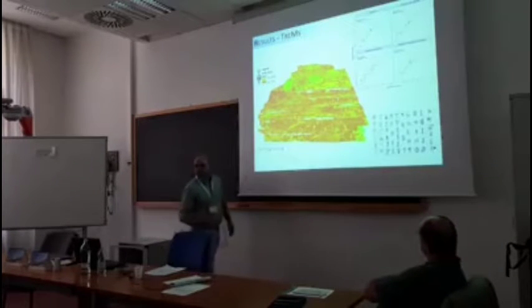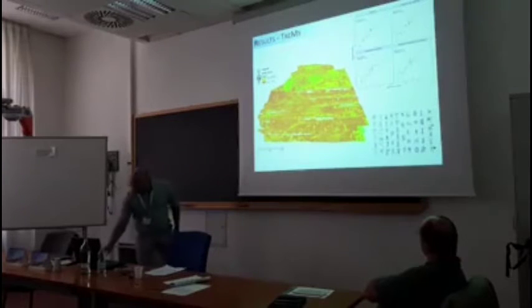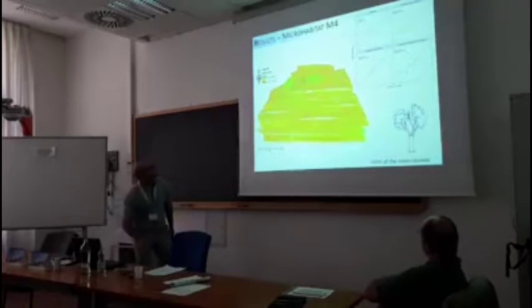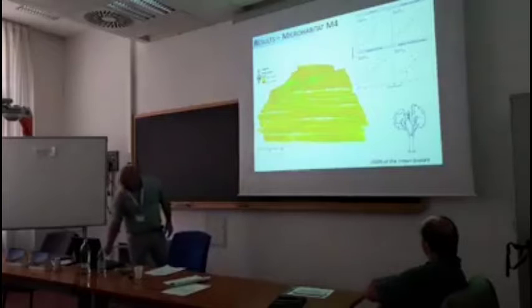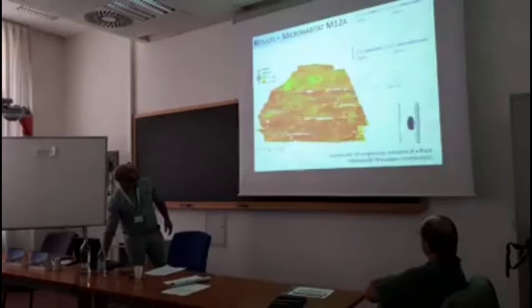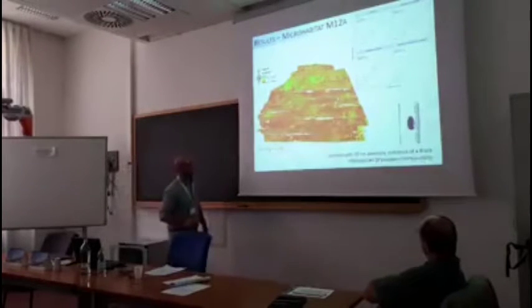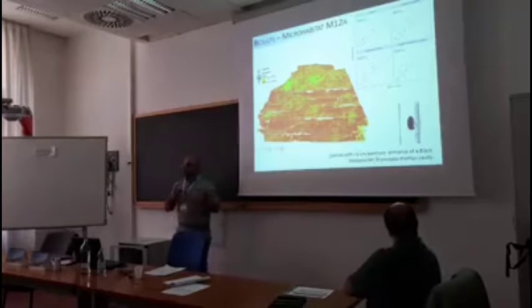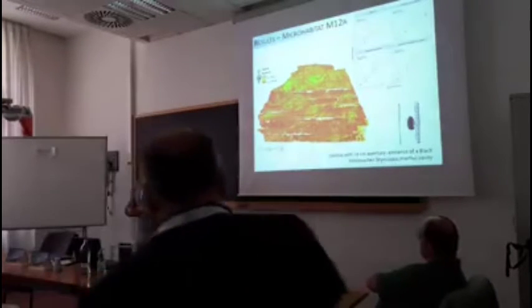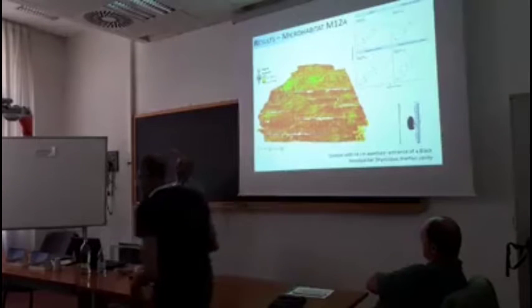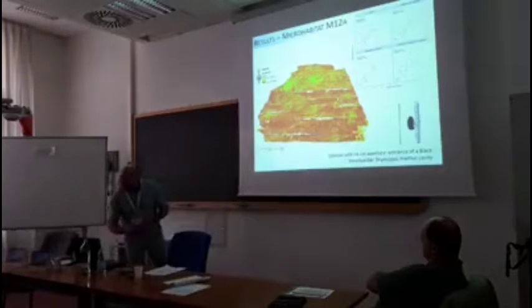This is for the abundance of tree-related microhabitats. And M4 and M12E. The order of the maps is based on the quality of the data produced, the quality of the map.